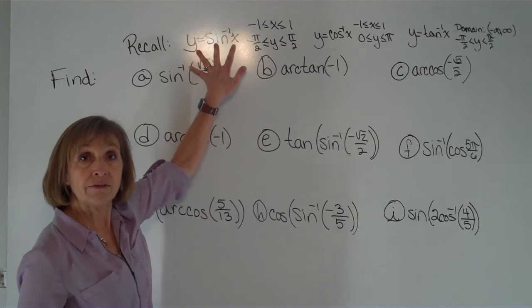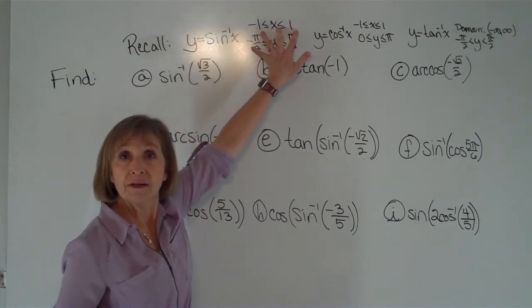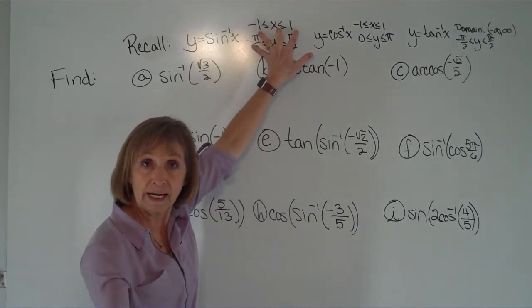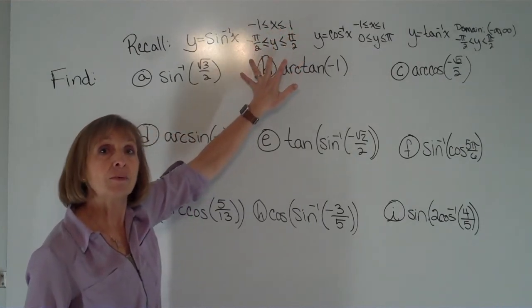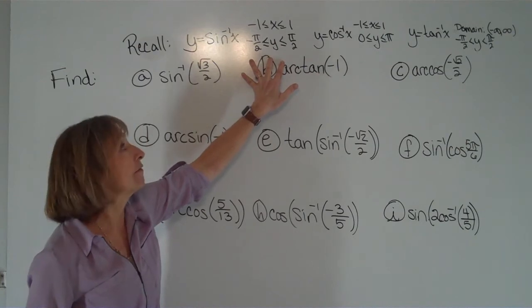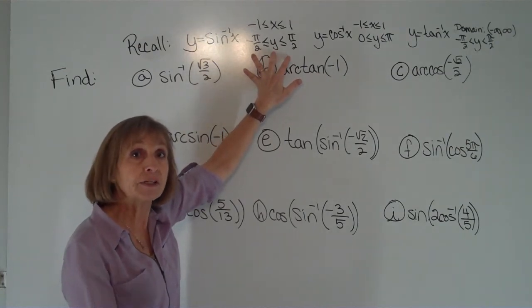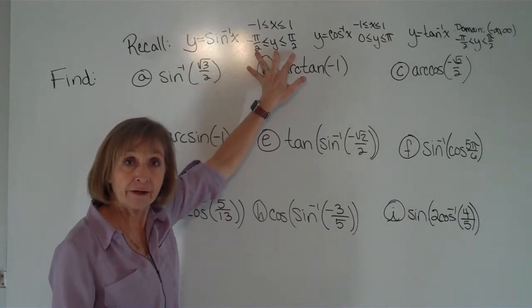So for y equals inverse sine of x, its inputs are ratios, and the ratios are from -1 to 1 because that was the range of the original sine function. And then the range of the inverse sine function is what the restrictions were on the domain of the original sine function, and that was from negative pi over 2 to pi over 2.